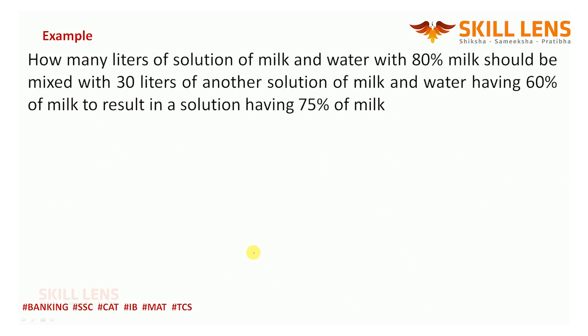Okay, guys, look here. How many liters of solution of milk and water with 80% milk should be mixed with 30 liters of another solution? Guys, look here. The first variety we don't know how many liters.